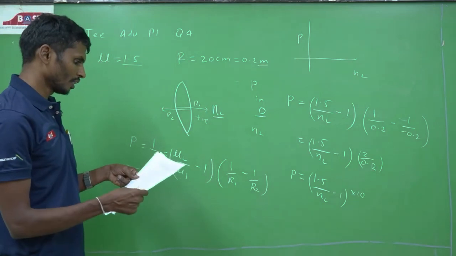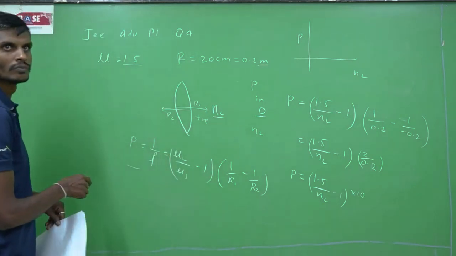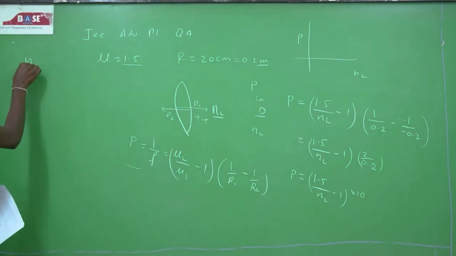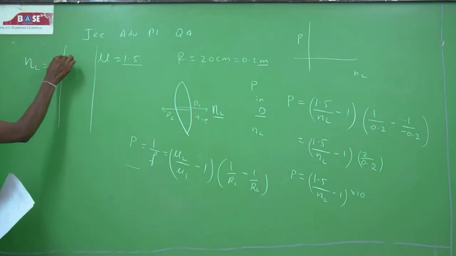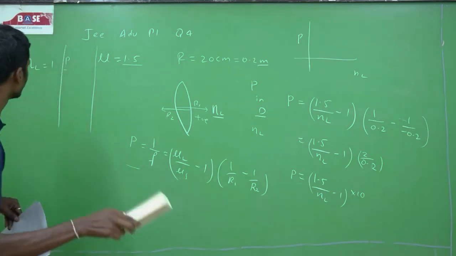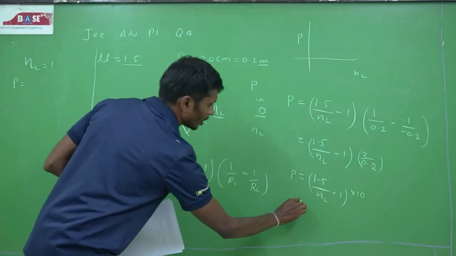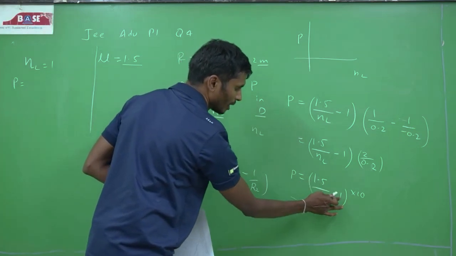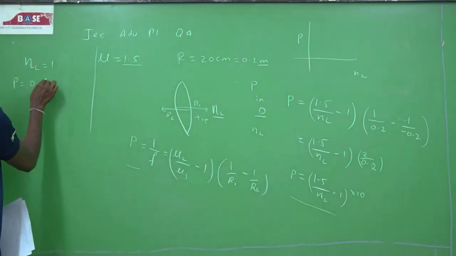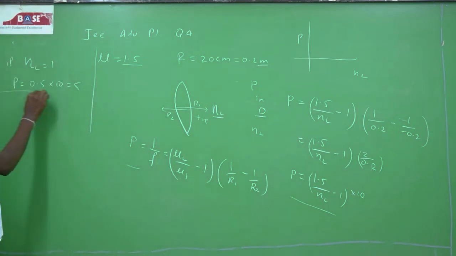Now I'll substitute. If you see the graphs, the NL value starts with 1. If NL is 1, then 1.5 by 1 minus 1 is 0.5, into 10, so 5 will come. For NL equals 1, power is 5.